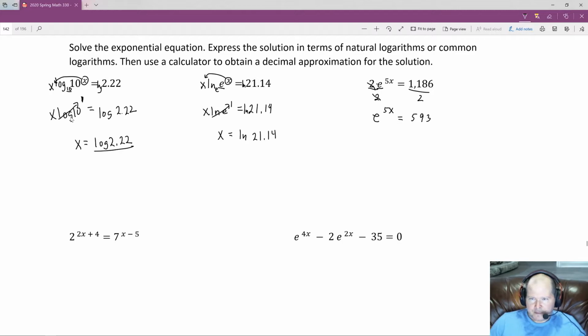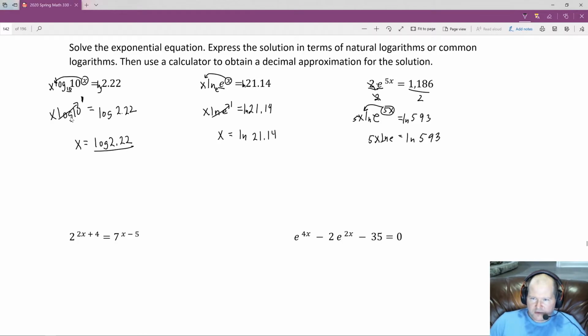593. Now that I have an e here, I can take the natural log of both sides, right? Which allows me to pull this exponent to the front. That gives me 5x natural log of e is equal to natural log of 593.